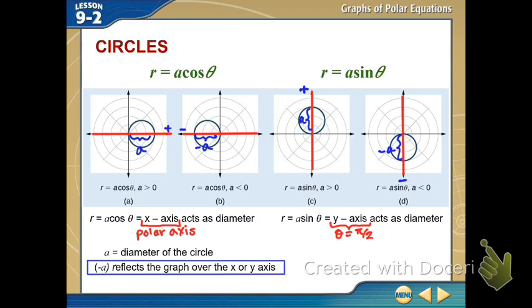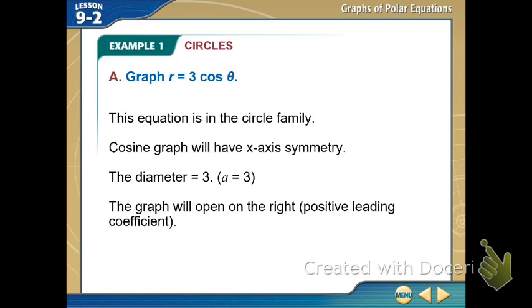So let's look at some examples for circles. All right, first one, graph r equals 3 cosine theta. So a couple of things that we want to notice. Number one, this graph is in the circle family, because it's a coefficient times a cosine or a sine. Second, this graph is a cosine, so it's going to have x-axis or polar axis symmetry. So I expect it to look something like this.